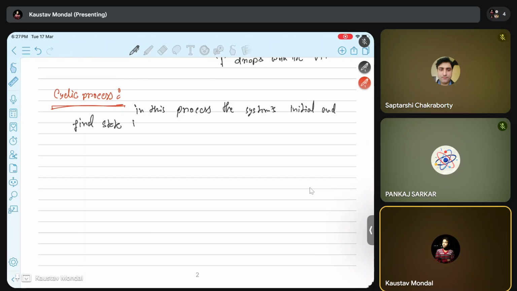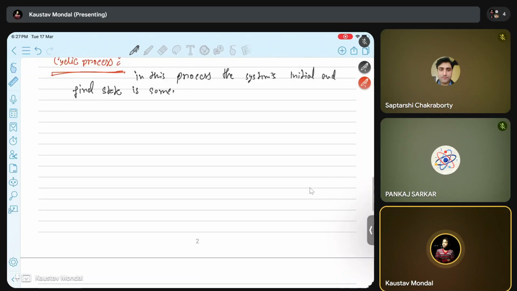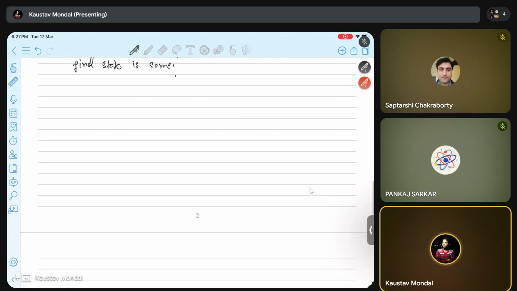If you observe it in a PV diagram, it looks like this. Let's name the states 1 and 2.